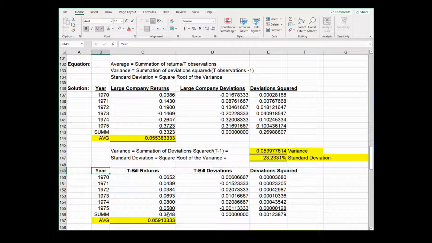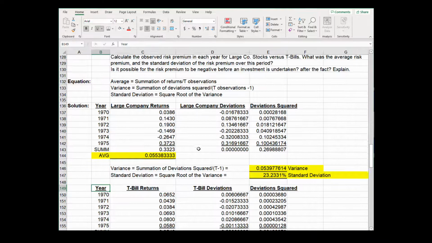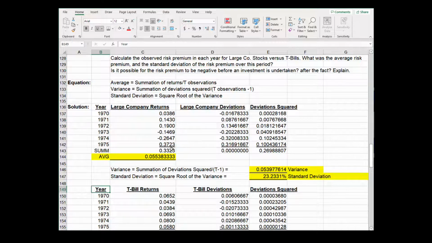You can see them down below there, high T-bill rates, and wild volatility in the stock markets, as you can see from these large company returns. Even though large company stocks are generally not as volatile as small company stocks, they were wildly volatile in the period 70 through 75. You can see some big negative returns and some big positive returns.